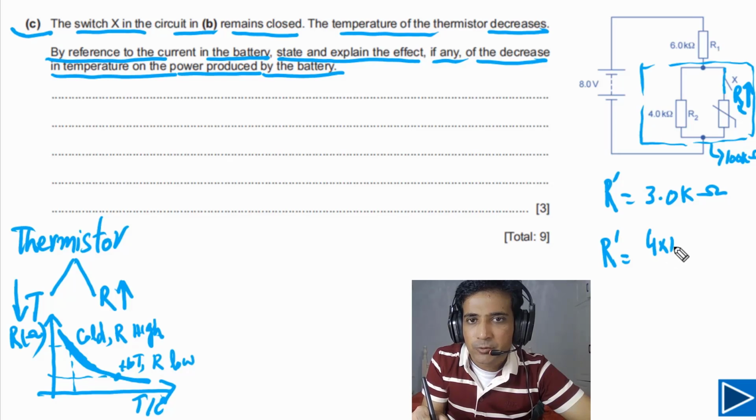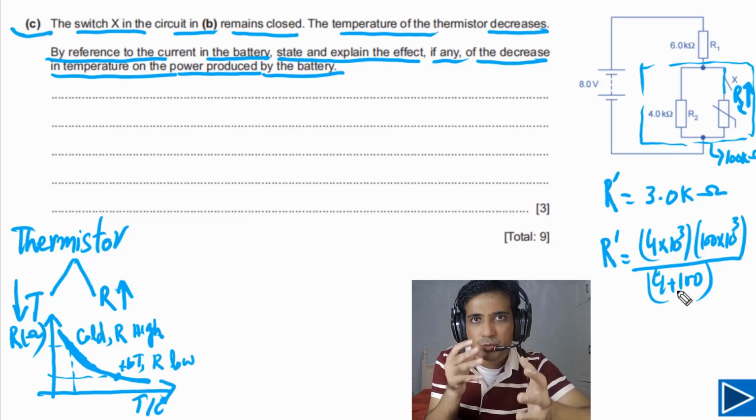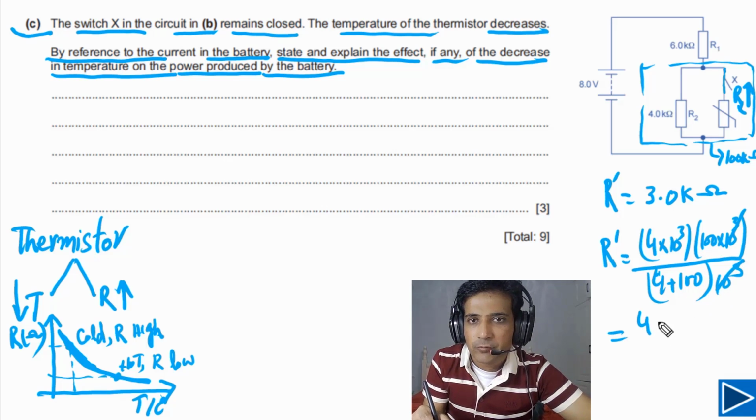So this is 4 times 10 to 3, and here we have 100 times 10 to 3, divided by 4 plus 100, times 10 to 3. I choose this big number to show you the difference. So this one you can cancel with this. We are left with 4 times 10 to 3 times 100, and this is 104.